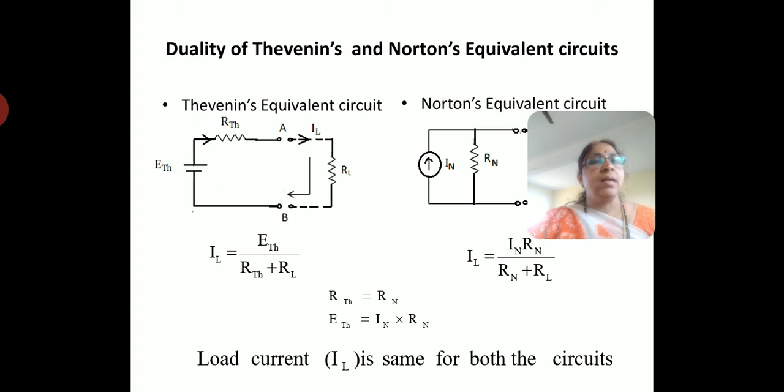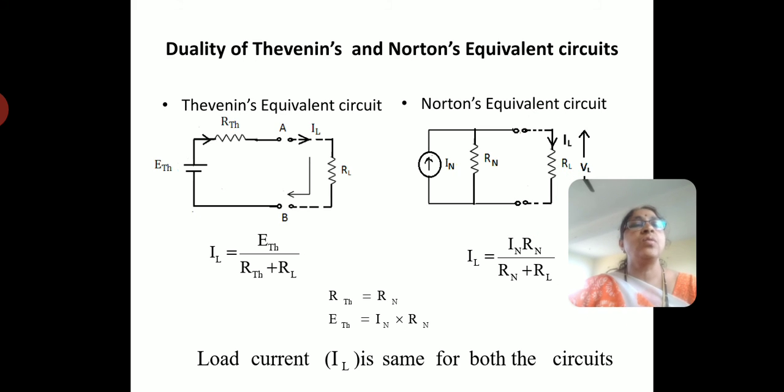Now, let us see the duality of Thevenin's and Norton's equivalent circuits. Thevenin's equivalent circuit consists of Thevenin's resistance and Thevenin's voltage connected in series, whereas Norton's equivalent circuit consists of Norton's current and Norton's resistance connected in parallel.